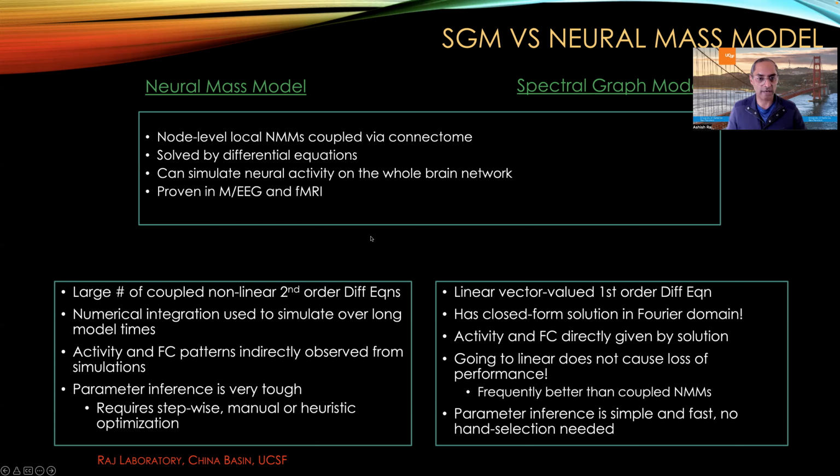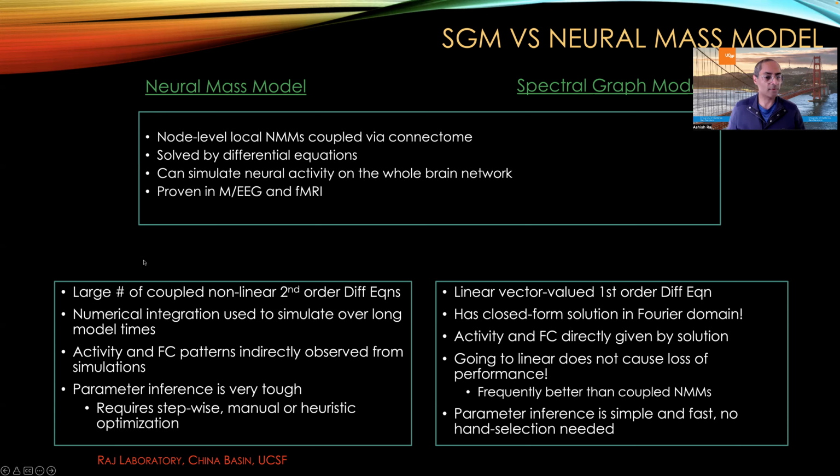The differences are that in a nonlinear neural mass model with coupling, you have second-order nonlinear differential equations that require numerical integration to solve over long model times, and therefore the activity and functional connectivity patterns can only be observed indirectly from these simulations.